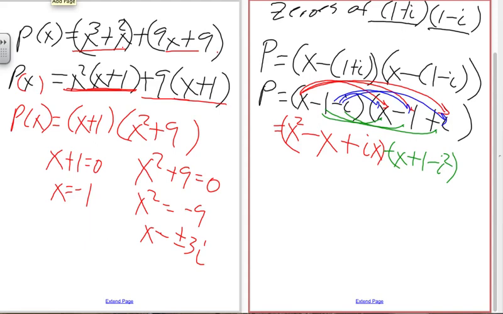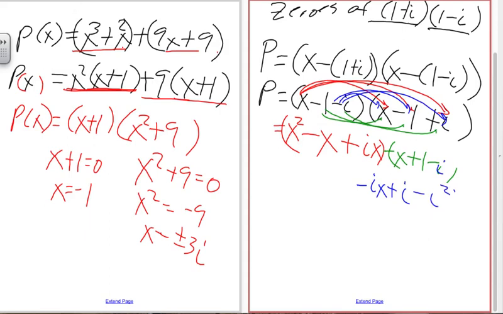And then I take my i and distribute it into here. And so that will give me minus ix plus i, negative i times negative 1 gives me a plus i, and then, oh, I made a mistake here, that should not be minus i squared, I should have negative 1 times, so it should be a minus i up here. So I've got minus i and then minus i squared.